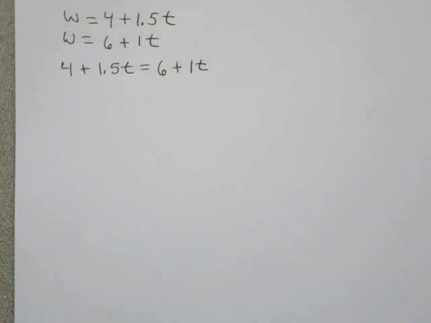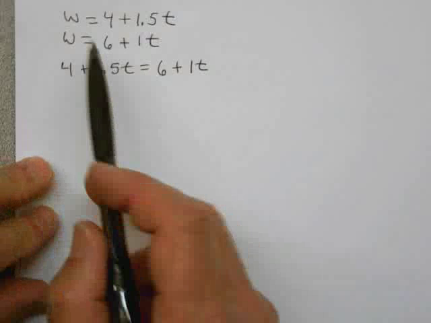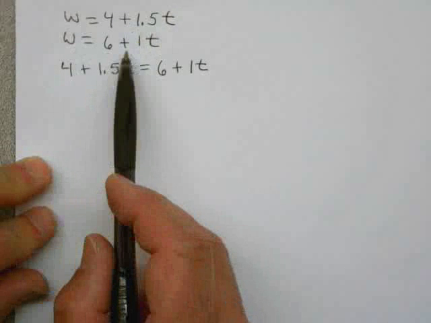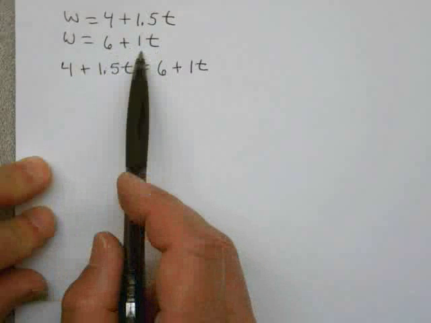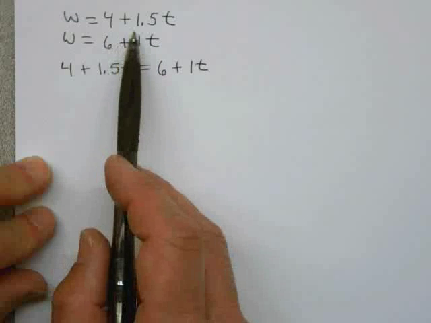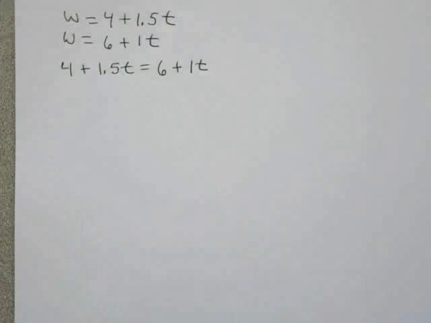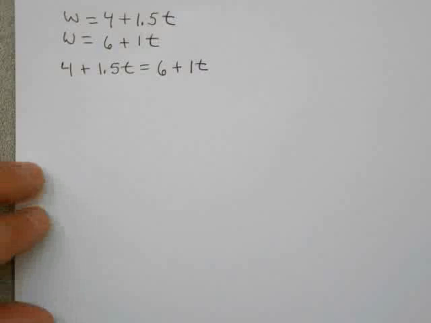Once again, we're revisiting rules of equations that we learned earlier. So remember, if W equals 4 plus 1.5T, and if W equals 6 plus 1T, then 6 plus 1T and 4 plus 1.5T have to equal each other. And they do.